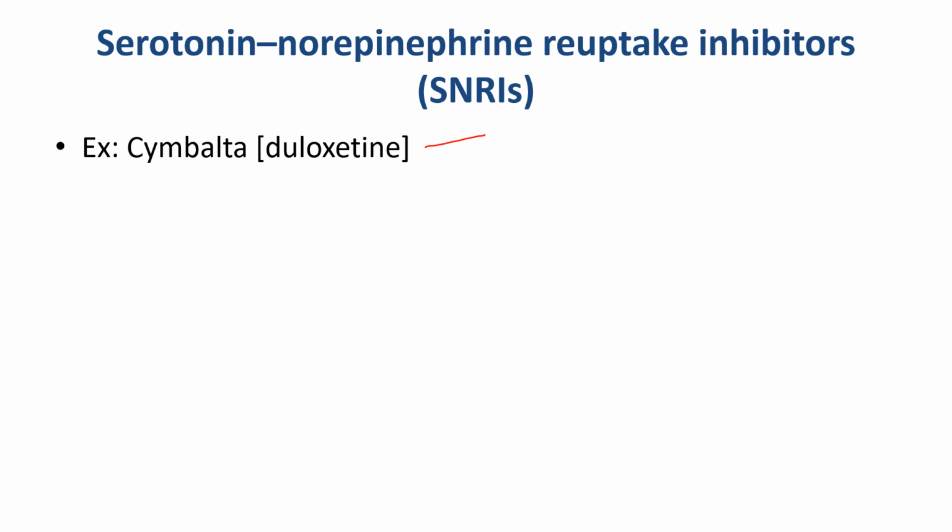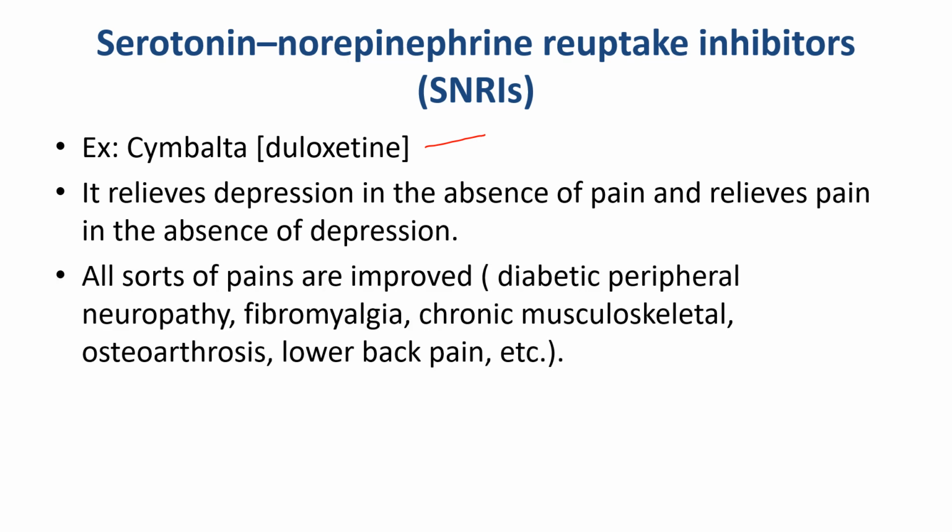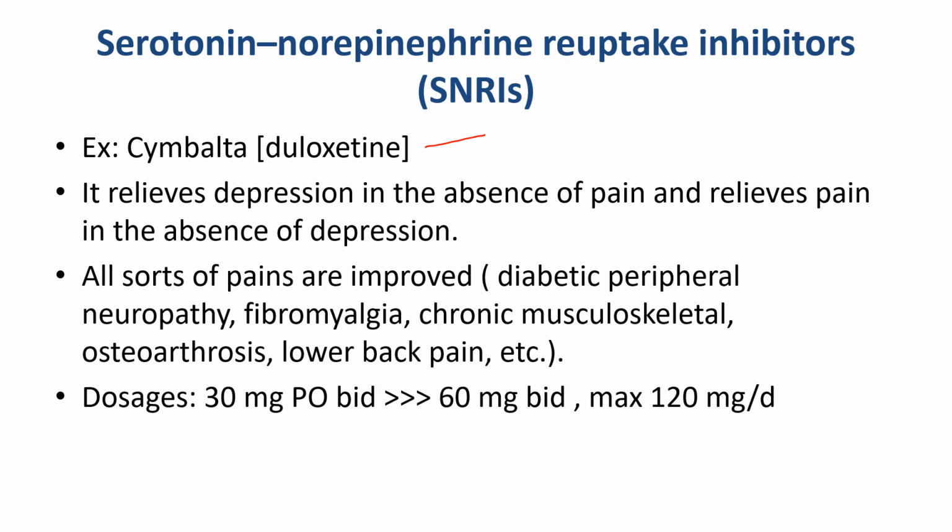Maybe arthritis, maybe depression with the pain, or just pain itself, and neuropathy even, pain without depression. So Cymbalta is a good SNRI for chronic pain. All right, we talked about that. Usually we start with 30 milligrams 2 times a day, and then go to 60 milligrams 2 times a day. Max is 120 milligrams per day.